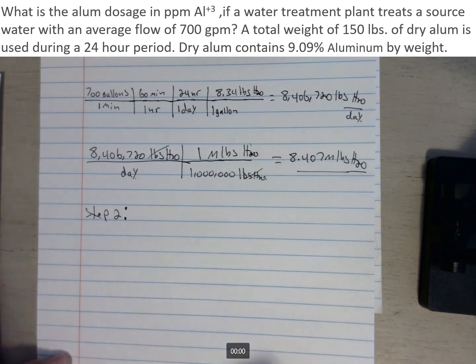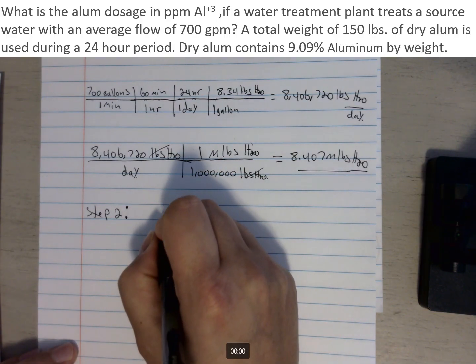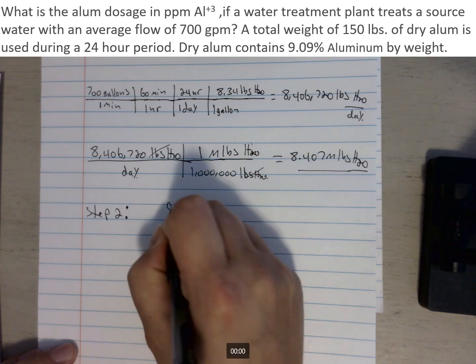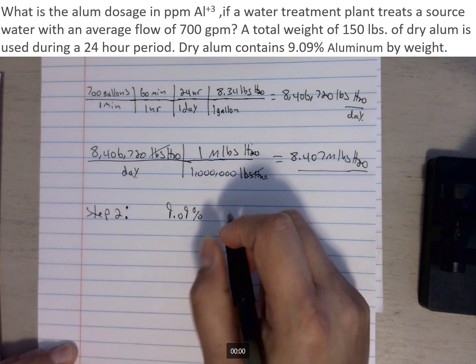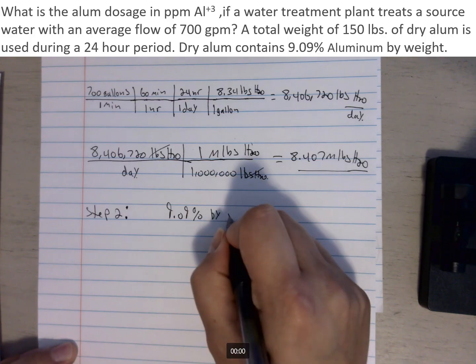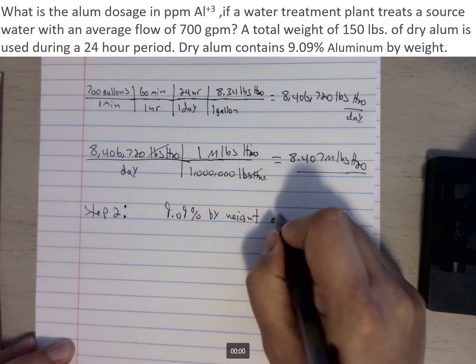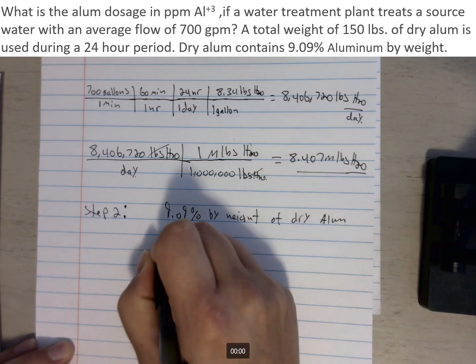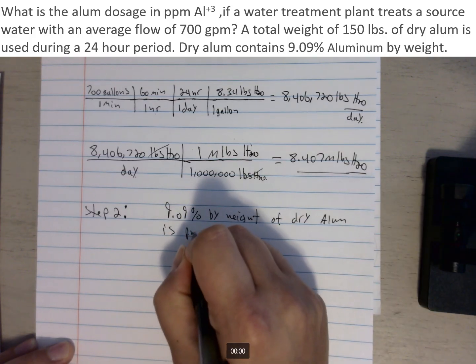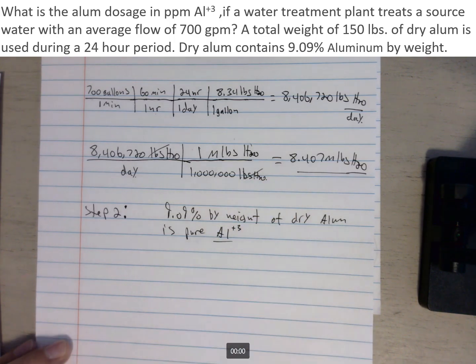For step number 2, we know that 9.09% by weight of dry alum is pure aluminum ion. That's what we want.